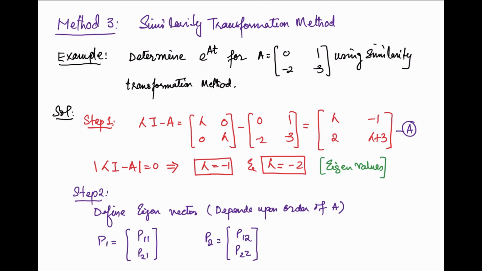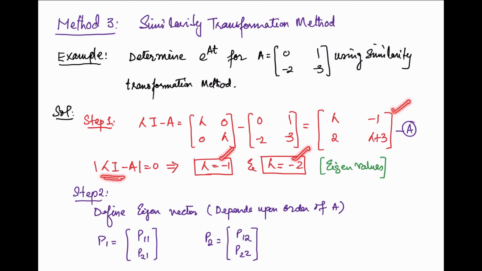So the first step is to define the characteristic equation, that is lambda I minus A. So this is lambda I, this is the matrix A. So solving this, you are going to get this matrix. So if you set up the characteristic equation, that is the determinant of this one, and you find out the roots, the roots will be minus 1 and minus 2.